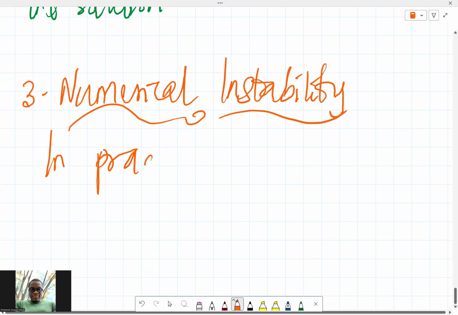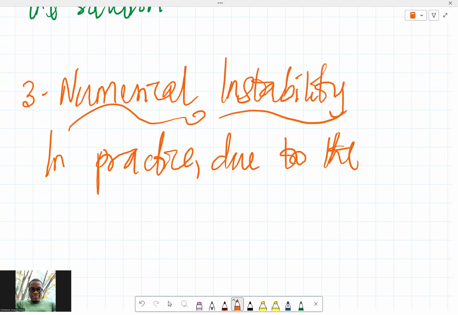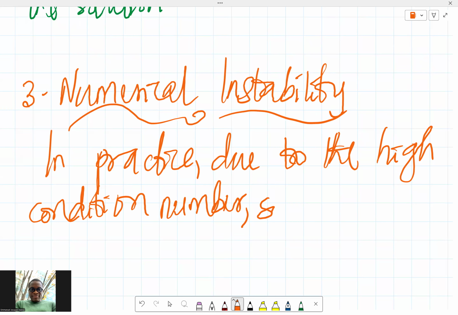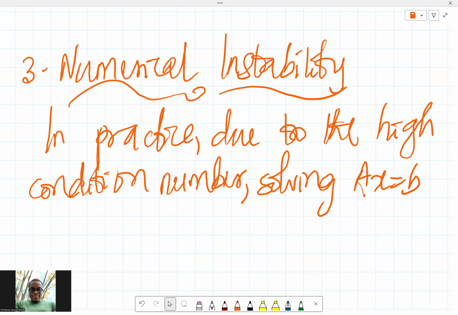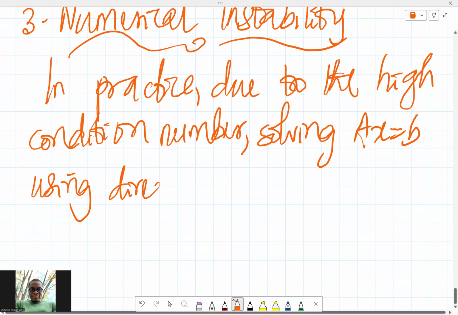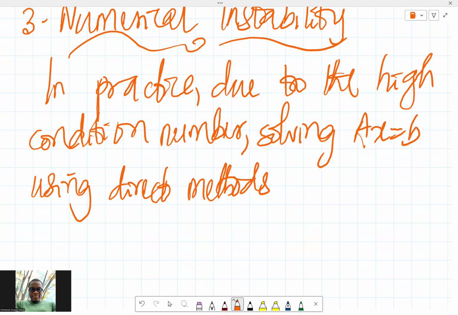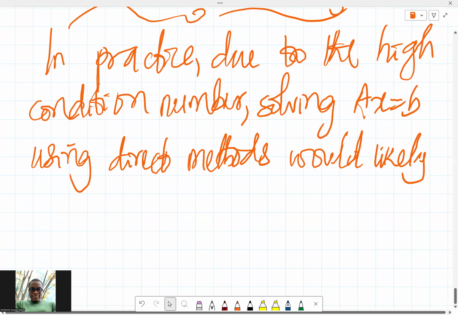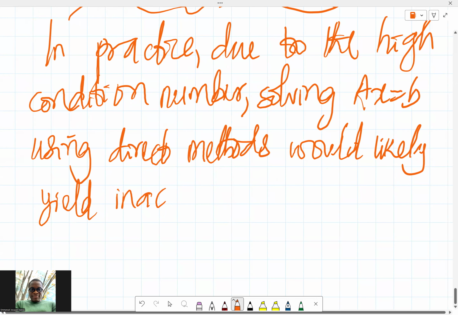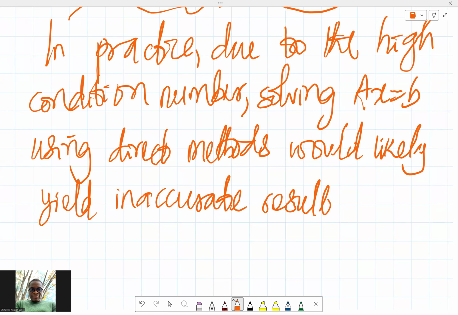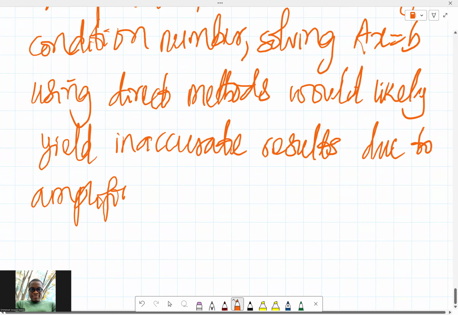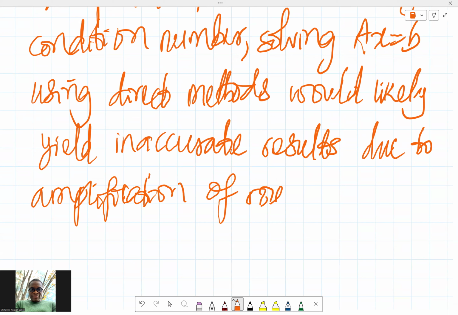In practice, due to the high condition number, solving AX equals B using direct methods, remember direct methods like Gaussian elimination, LU decomposition, and Cholesky decomposition, would likely yield inaccurate results, due to amplification of rounding errors. So that means iterative techniques may be useful in this situation.